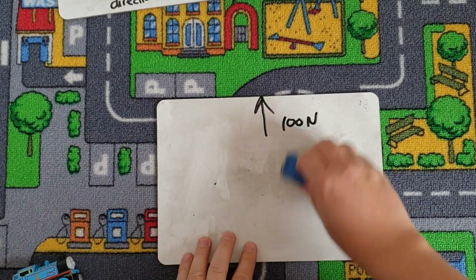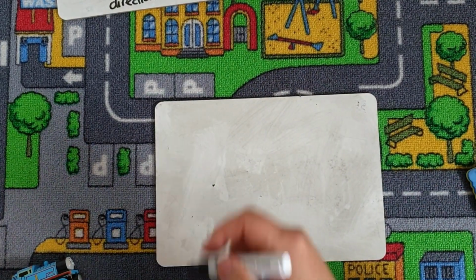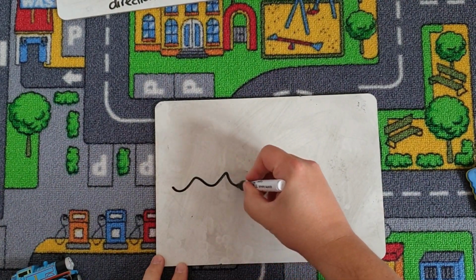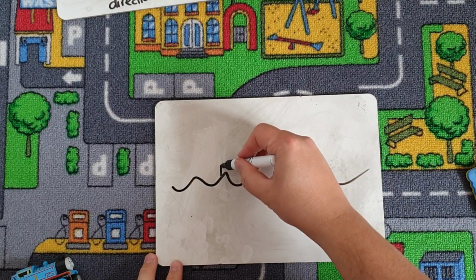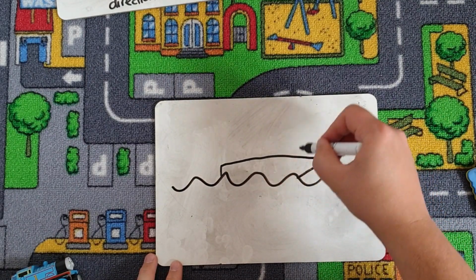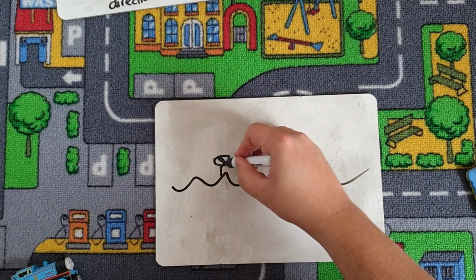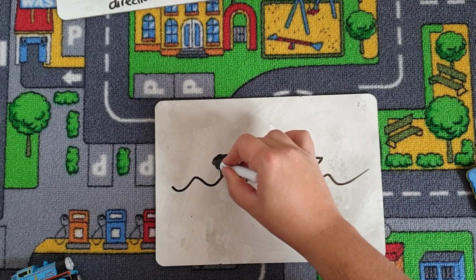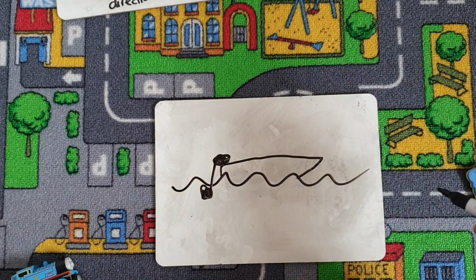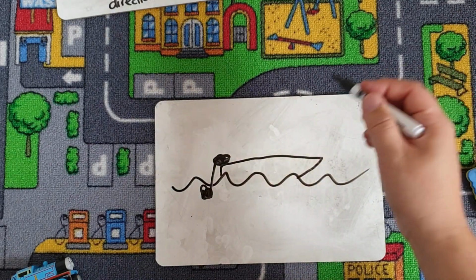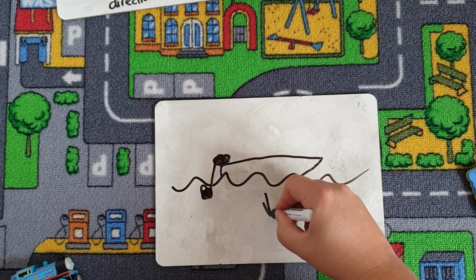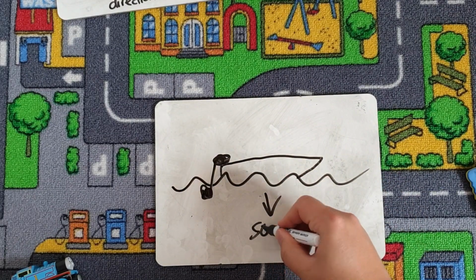Just do one final example. Let's say we have the sea, got a boat, and we'll stick an engine on the back of the boat, with a propeller. Right, so forces on this one, we're going to have weight of the boat, let's call it 500 newtons.